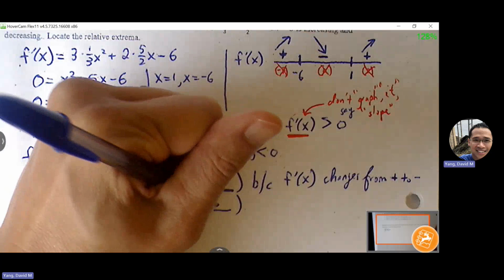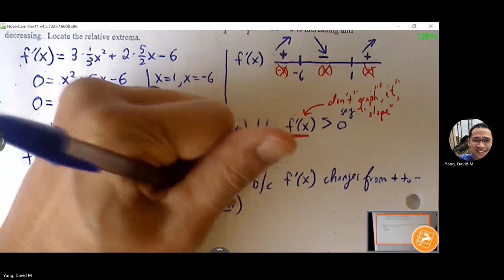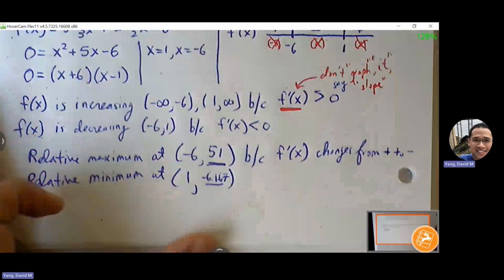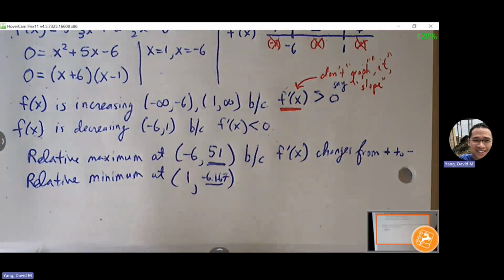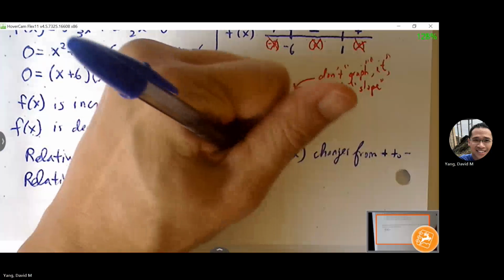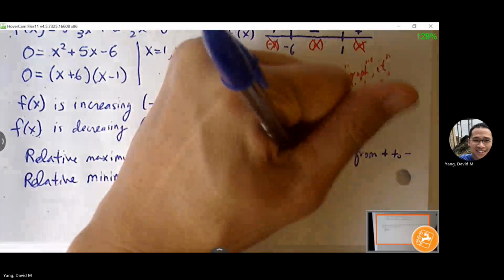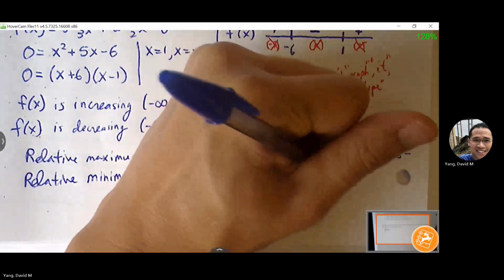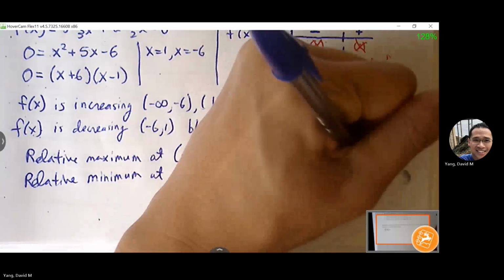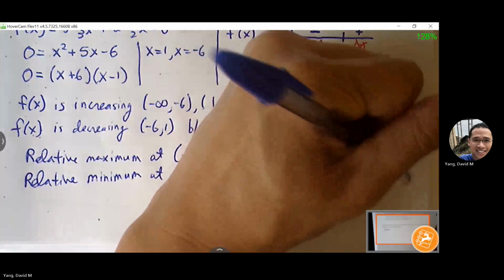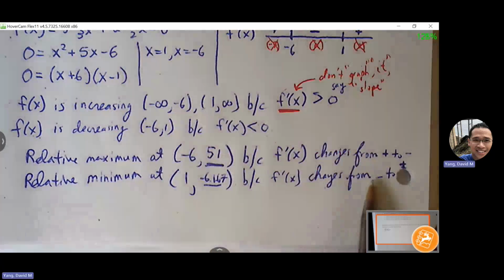So I just want to show you where that number is coming from. It's coming from the original function. Change it from negative to positive.